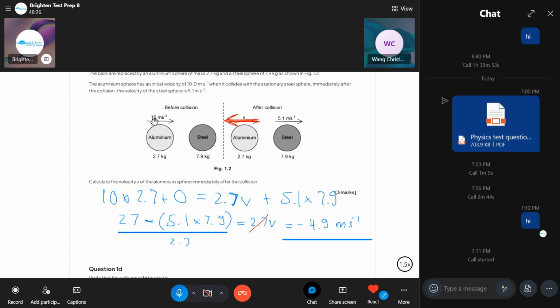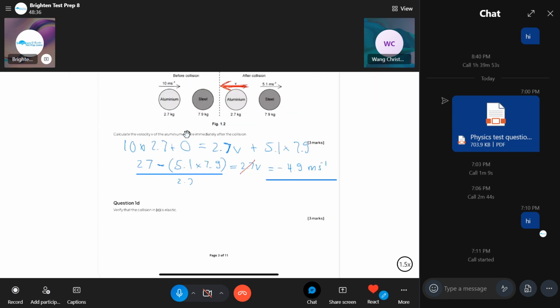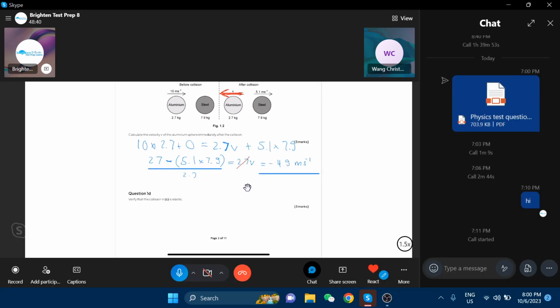Okay, so now in elastic, now it becomes interesting. Old story, right? The collision is elastic. So what do we have to do, Chris, to determine if it's elastic or inelastic? We calculate the kinetic energy before.